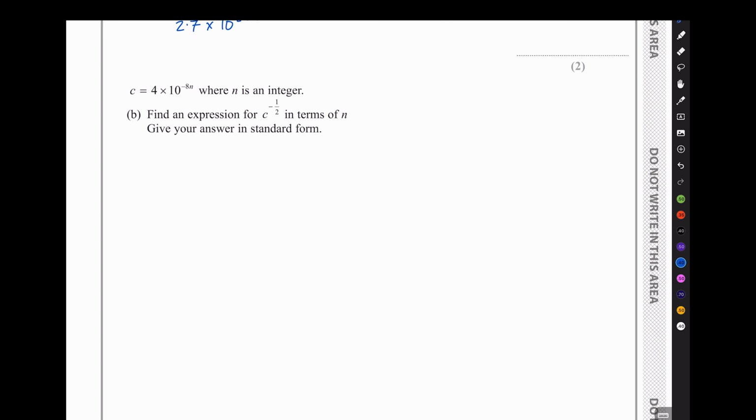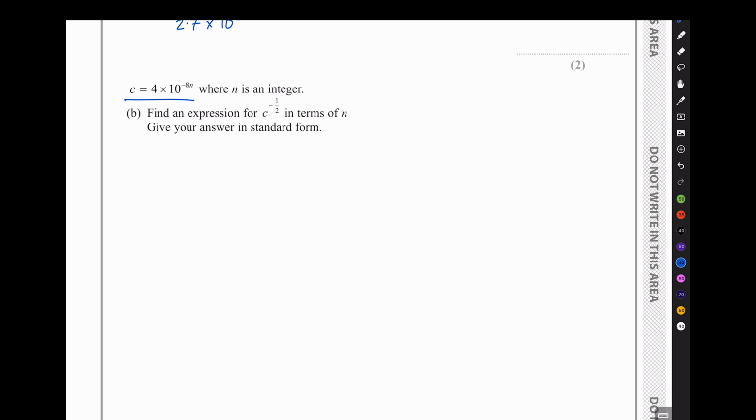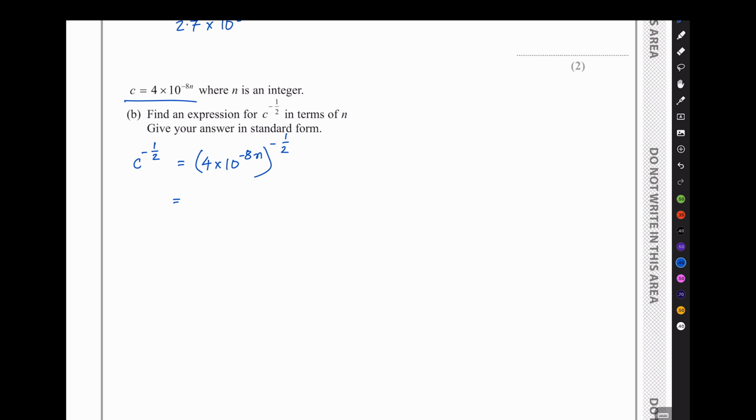Now c is this, where n is an integer. Find an expression for c to the power negative 1 over 2 in terms of n. So c to the power negative 1 over 2 is 4 times 10 to the power minus 8n, to the power negative 1 over 2. I already mentioned previously that the power is distributed to every single term.